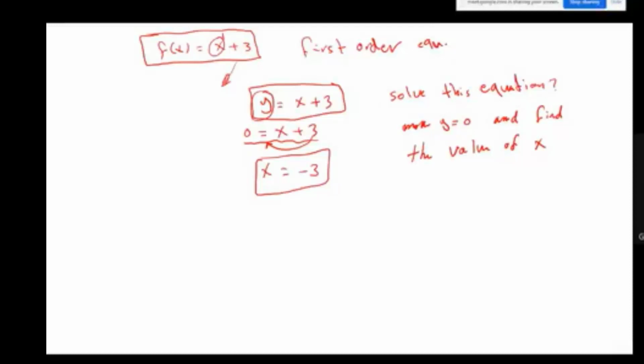Yes. What does that mean? x equals minus 3. That means if I draw the coordinates x and y, and I want to plot this function, it will be like this.